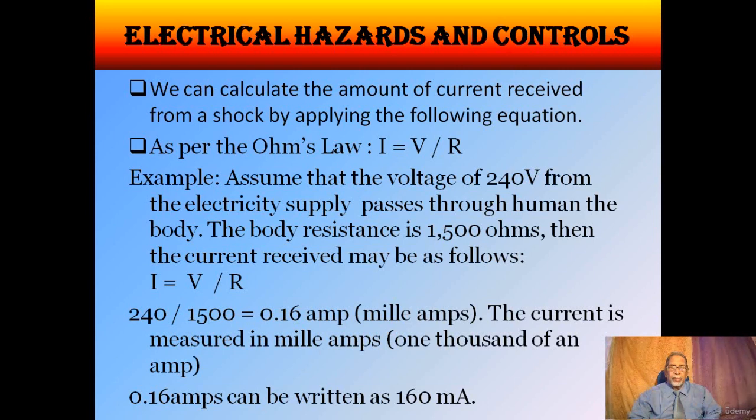Then the current received is I equals V divided by R, that is 240 divided by 1500. It comes to 0.16 amps. The current is measured in milliamps, that is thousandths of an ampere. 0.16 amps can be written as 160 milliamps.